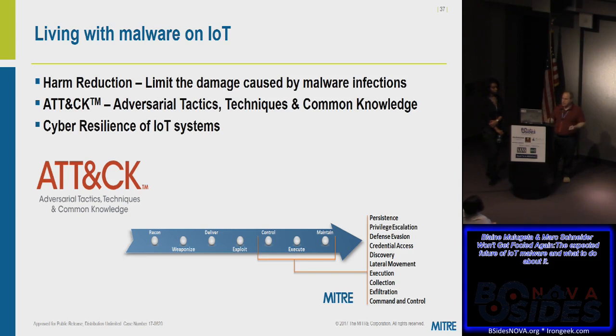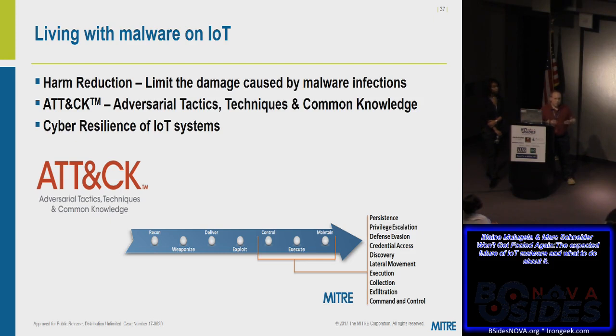So, one of the things to look at is what happens post-exploit. Who here is familiar with the cyber kill chain developed by Lockheed Martin? The blue arrow over there on the screen, that's the cyber kill chain. You see exploit in the middle, you have control, execute, and maintain as the 3 stages after it.